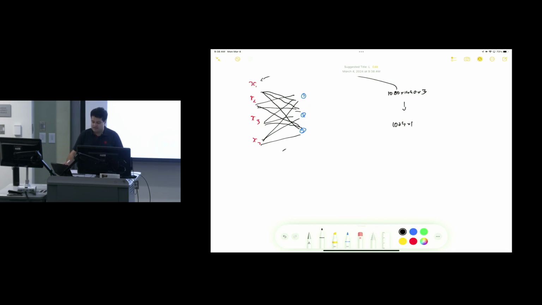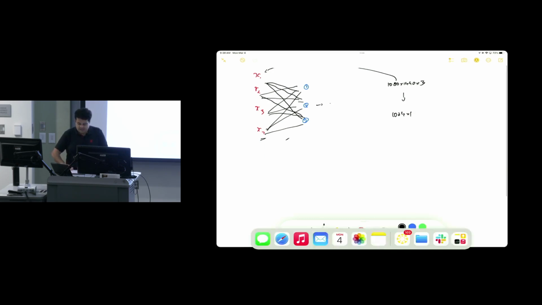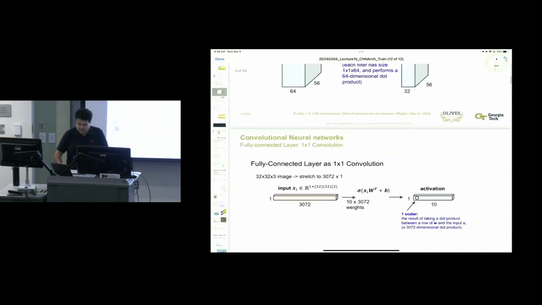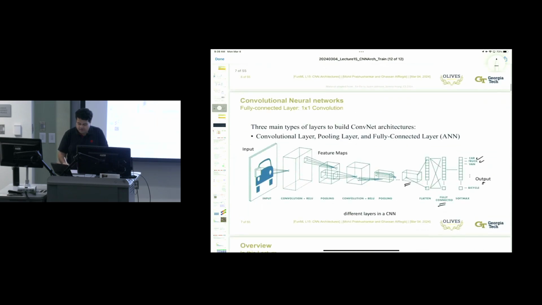And once we have this, now we can go back to our fully connected layer and say that every single element, a neuron, must be connected to every single input to this particular layer, and we'll get an output. So that is essentially what a fully connected layer does in your entire framework.